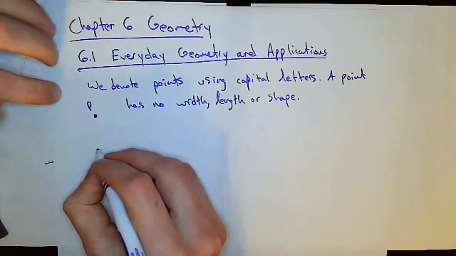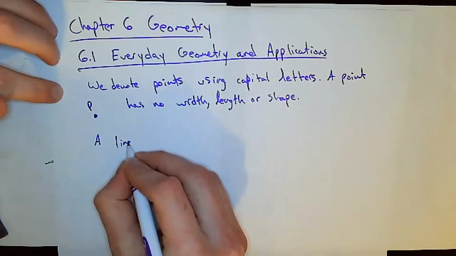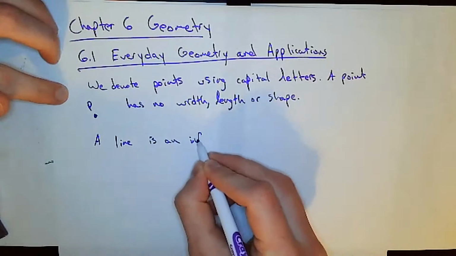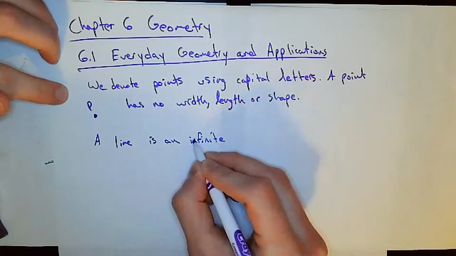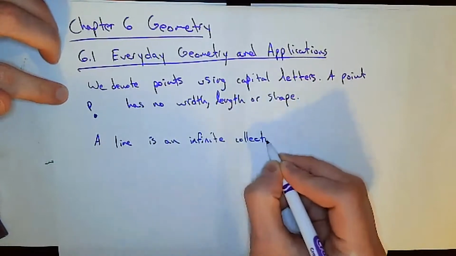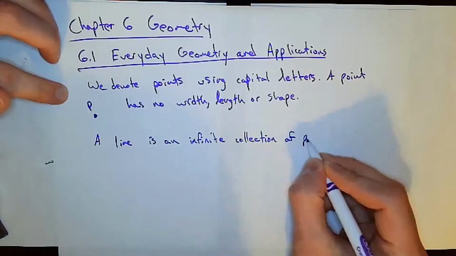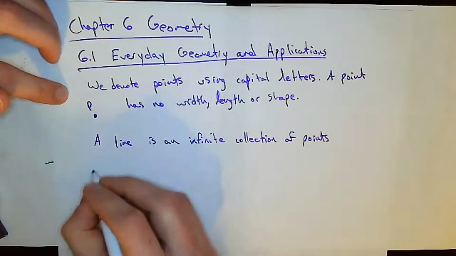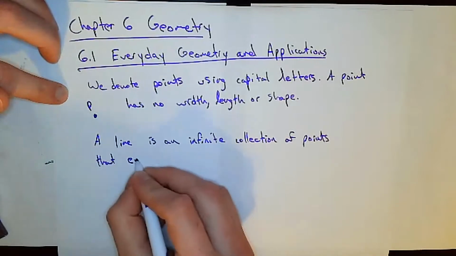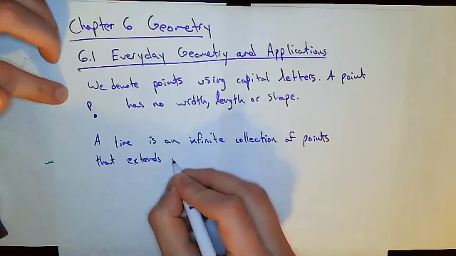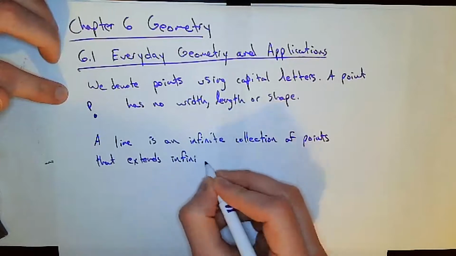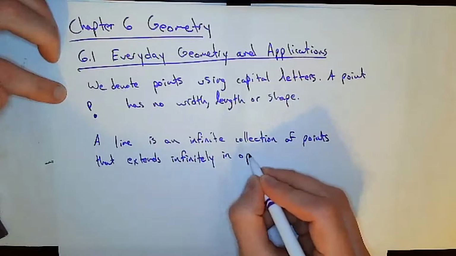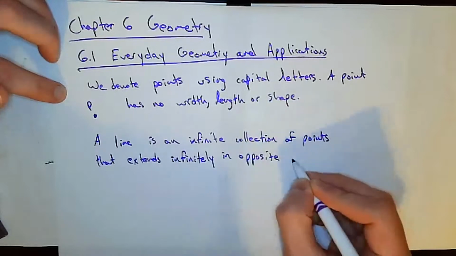Okay, a line is an infinite collection of points that extends infinitely in both directions, in opposite directions.